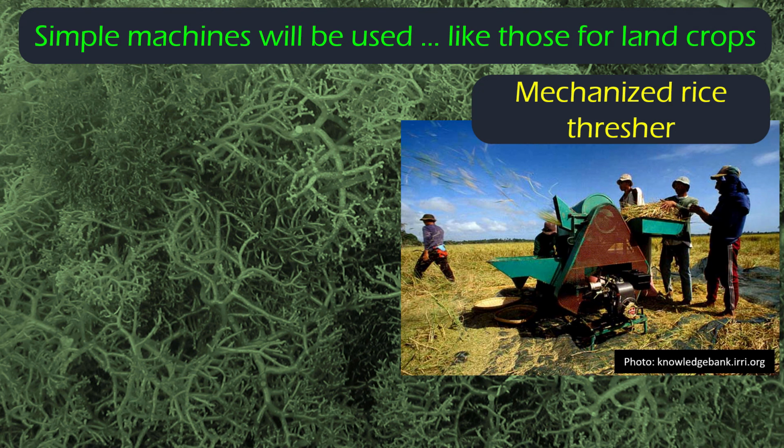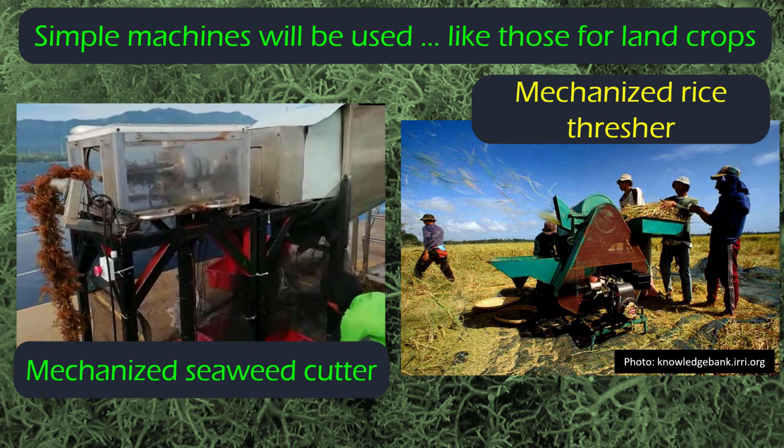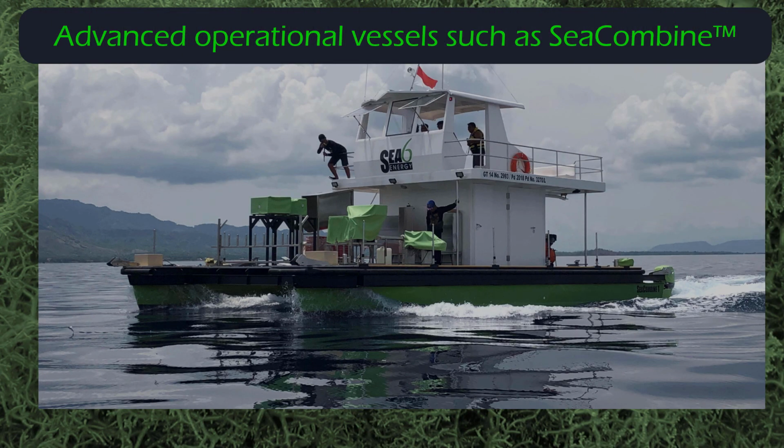Simple machinery has long been used in Southeast Asian agriculture, and similar simple machinery will come to be used increasingly in seaweed farming, as for example the mechanized seaweed cutter shown here. Along with mechanization comes a requirement for advanced operational vessels such as the sea combine pictured here.